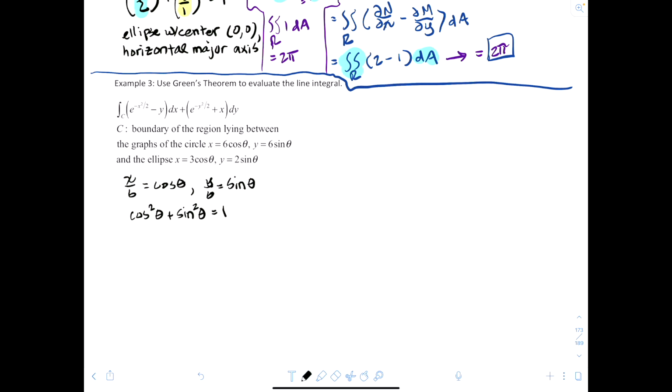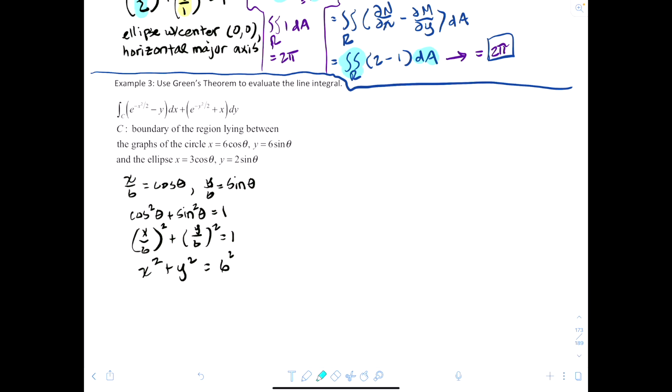So we would have x over 6 squared plus y over 6 squared is equal to 1, which would give us x squared plus y squared is equal to 36, or 6 squared. Cool so far?